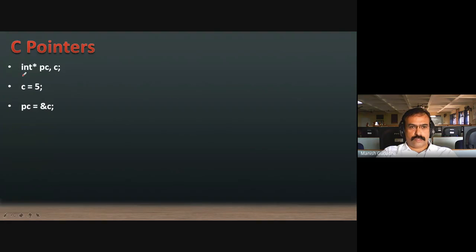So let us try to understand this. What will happen here? There are two variables which will be declared, PC and C. As soon as we declare a variable, a block of memory is allocated to it.